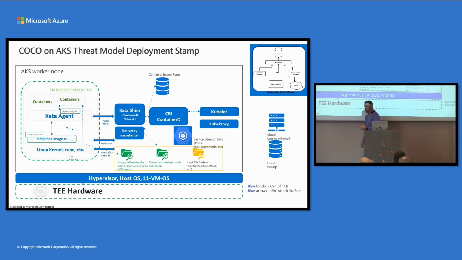Essentially now COCO is starting to build those lines of segmentation. So now I'm defining out what my trusted components are. You can see the firewall, the cloud storage. You can see that there's dm-crypt in there, dm-verity, the root FS, host file encryption through config maps, secrets, CSI are all integrated in, essentially from a configuration point.